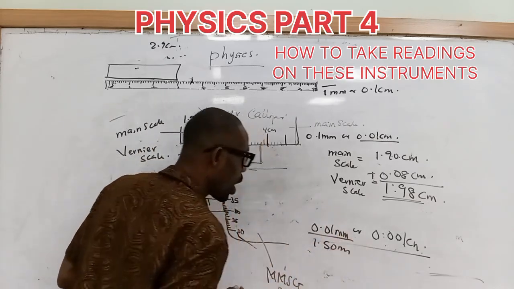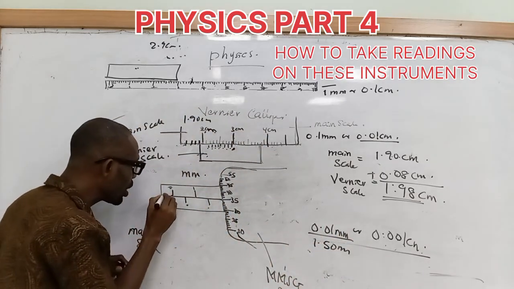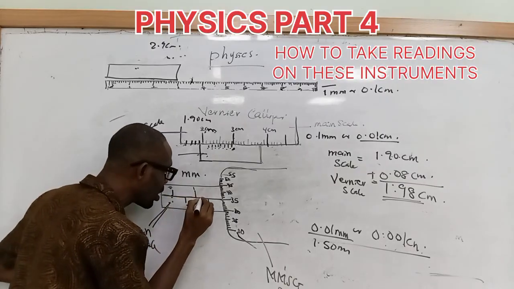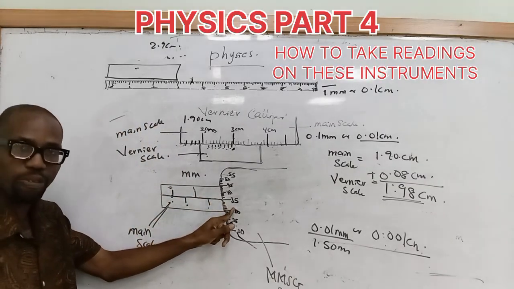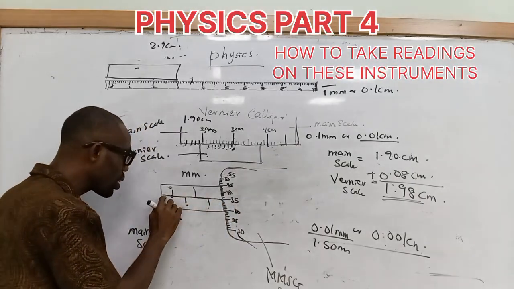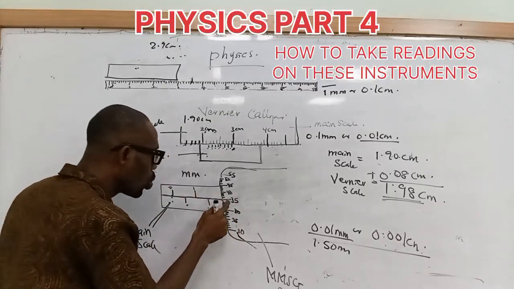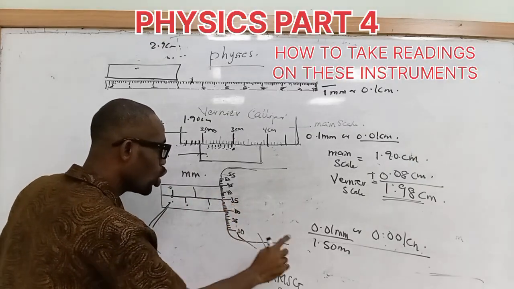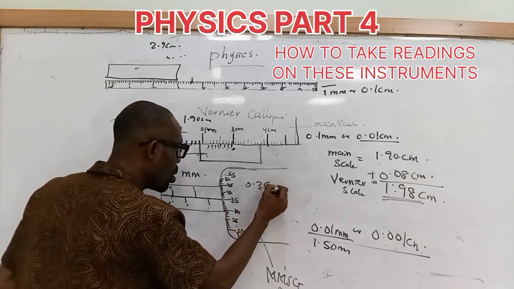Now you come and look at the micrometer screw gauge. We will look at this main scale line, where does it coincide? What does it touch? I can see it's touching 35. So 35 is cutting across. That's where this main scale is touching this other micrometer screw gauge scale. So since this is 35, to follow this line it will be 0.35 millimeter.